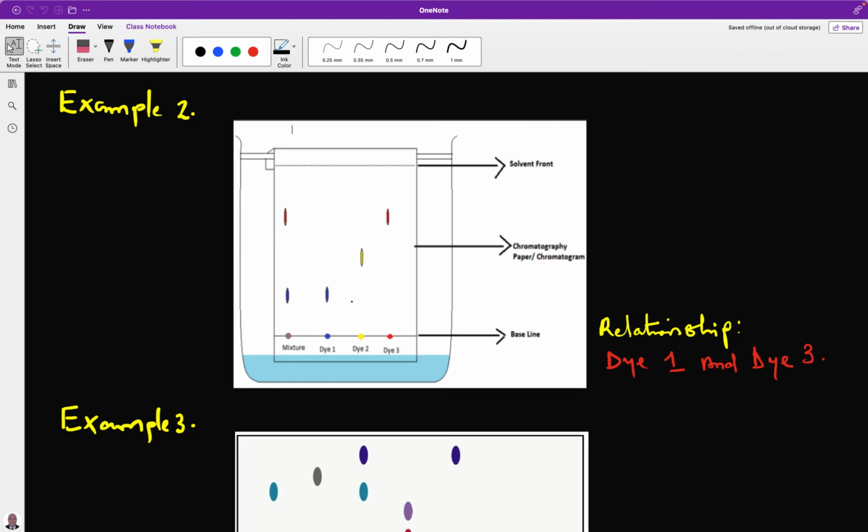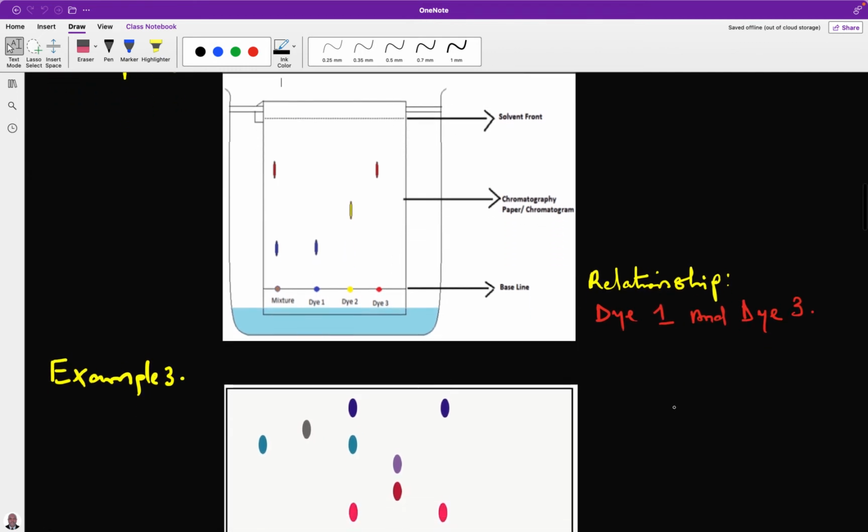So the only dye that has something not present in this mixture is dye 2, because it has yellow, and yellow is not present in the mixture set as a standard. The only two dyes that have something to do with the mixture are dye 1 and dye 3. Dye 1 and dye 3 have components that are present in the mixture.